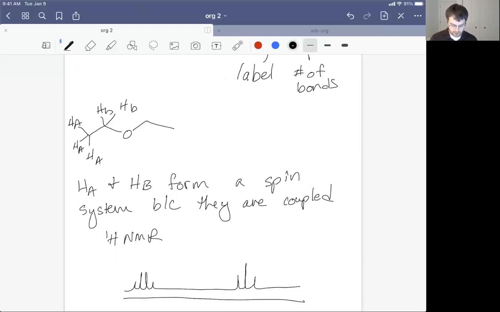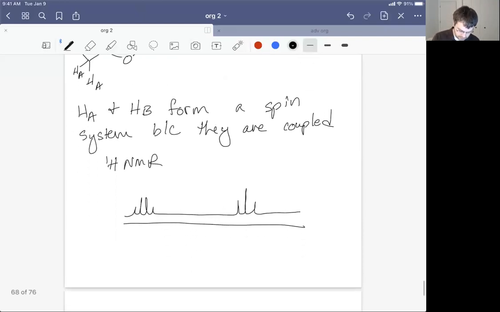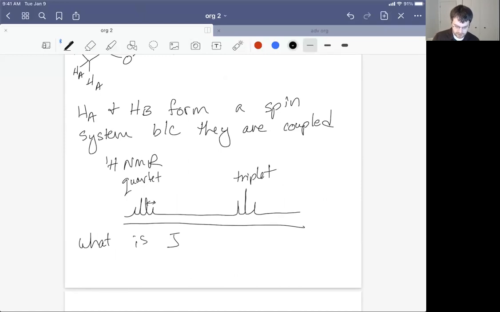Now, if you recall from our discussion about common multiplets, we would call this a quartet and this a triplet. Now, what is J for the triplet? It is the distance between here and here.